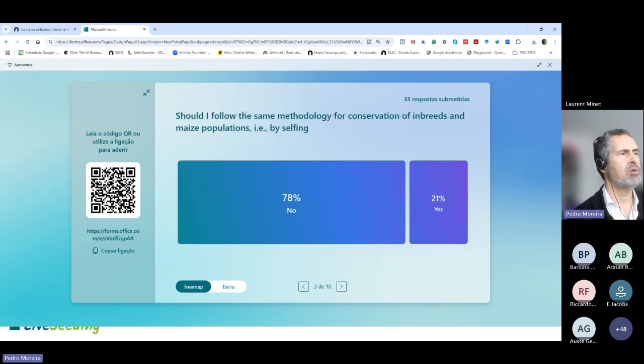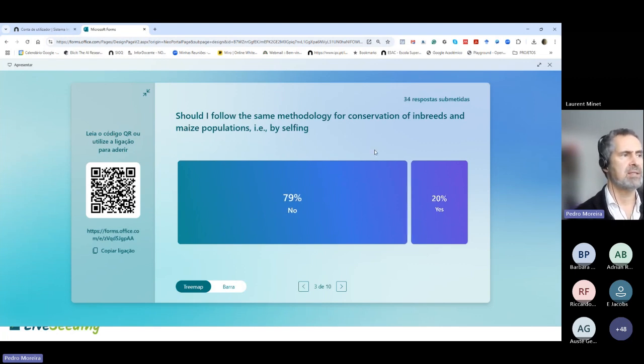Then, should I follow the same methodology for conservation of inbreds and maize populations? As I explained, for maize, no, we should not do that, because when we are selfing, we maintain the same genetic information, and we want to maintain the pure line, the inbred.